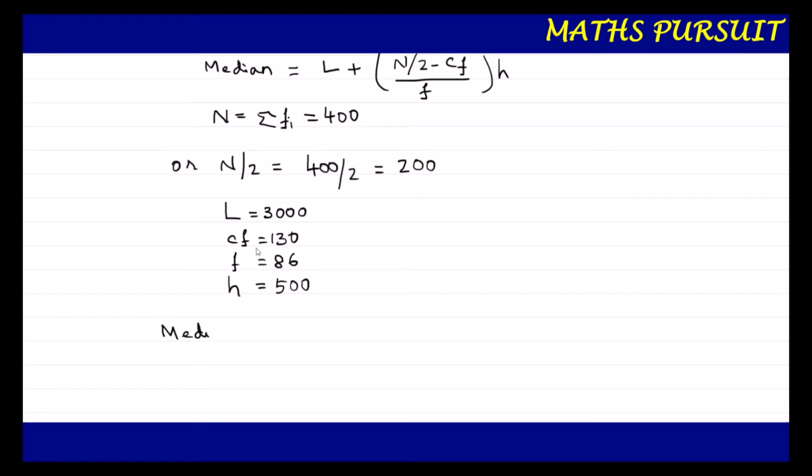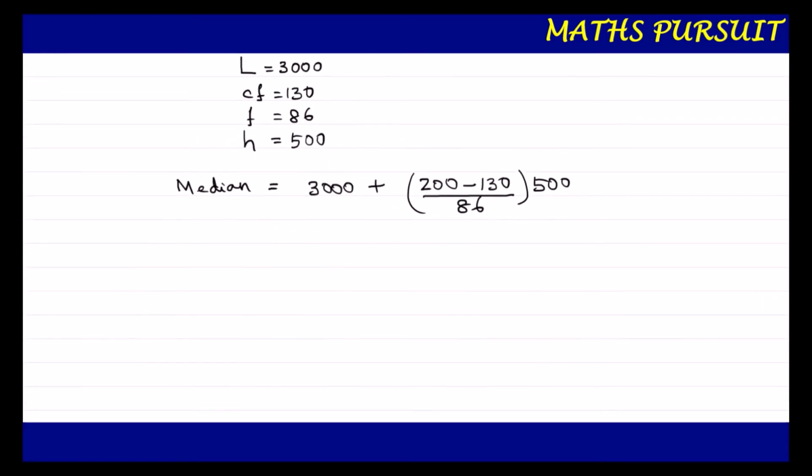So I can write median is equal to L. Here L is 3000 plus n by 2, which is 200, minus cumulative frequency, which is 130, upon frequency, which is 86, into class height, which is 500. So we got one equation, and we need to solve this equation so that we can find out the median.